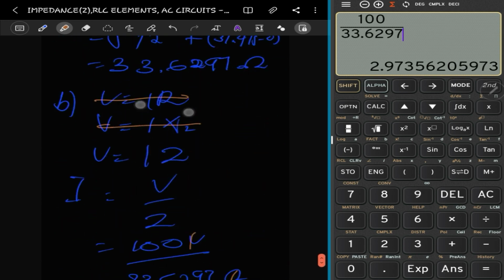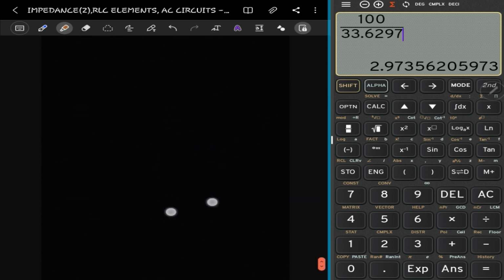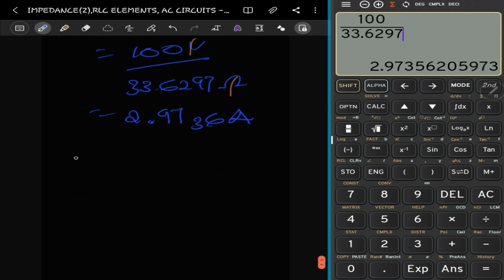The phase angle, the phase shift that we are looking for, will be tan inverse of XL on R. And we have these already.